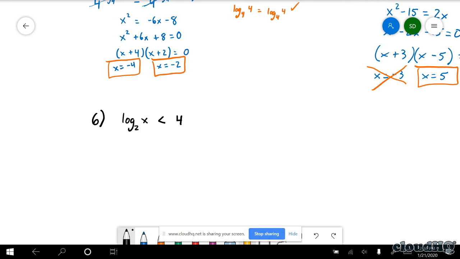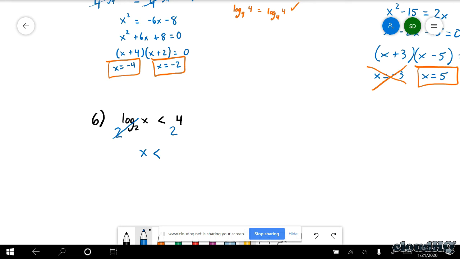Once again, I'd like to get rid of the log. How can I do that? By exponentiating. I would exponentiate with a base of 2. So on the left side, we're left with x. On the right side, I have 2 to the 4th power.